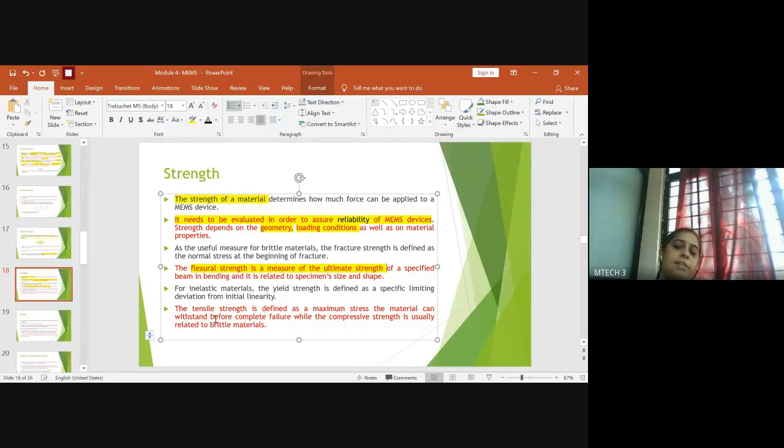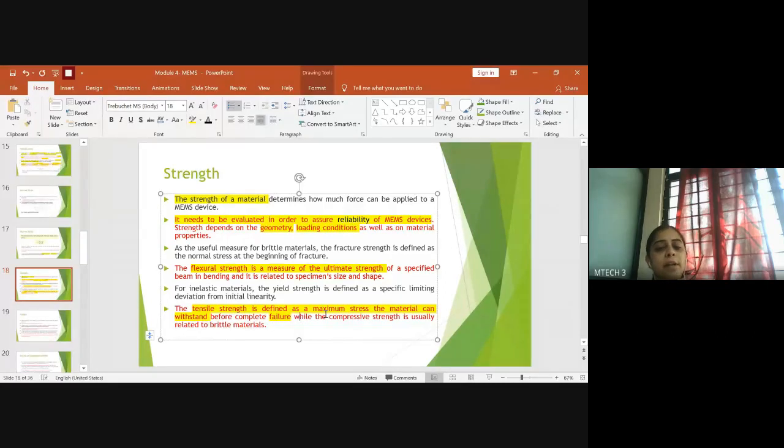And lastly, the tensile strength. You should be able to tell how you can define it. Tensile strength is defined as the maximum stress the material can withstand. What is the amount of stress a material can withstand before a complete failure comes into picture? If you keep on expanding, finally a complete failure can come into picture, right?